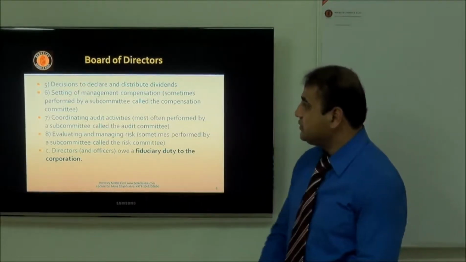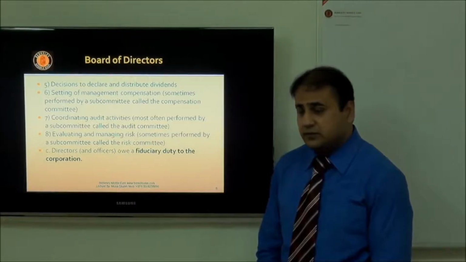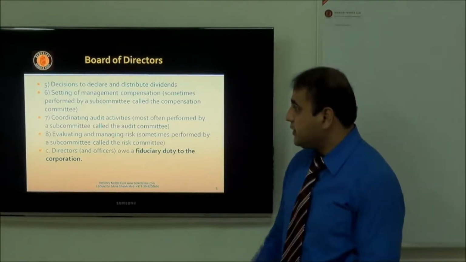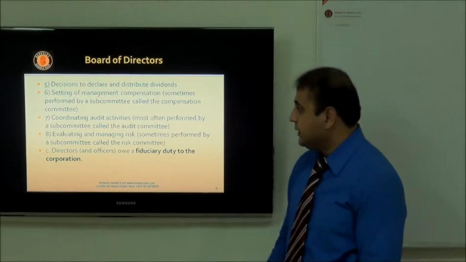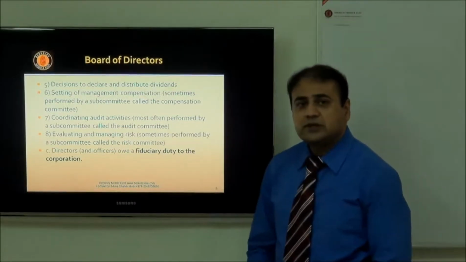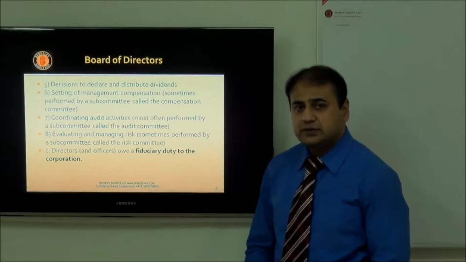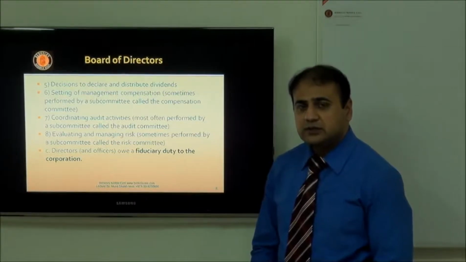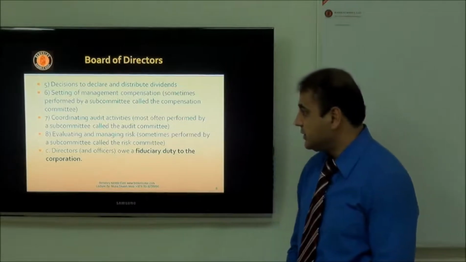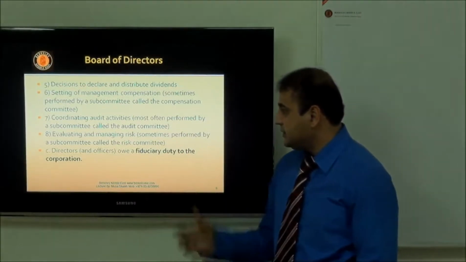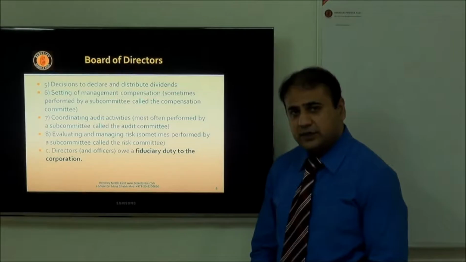Then setting of management compensation, sometimes performed by a subcommittee called the compensation committee. Then the board has to coordinate the audit activities with the audit committee, in which we have the external auditor, non-executive directors, and the internal auditor is also there, evaluating and managing risk, sometimes called the risk committee.